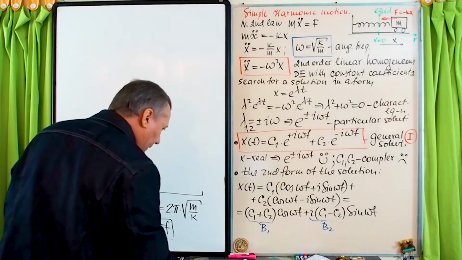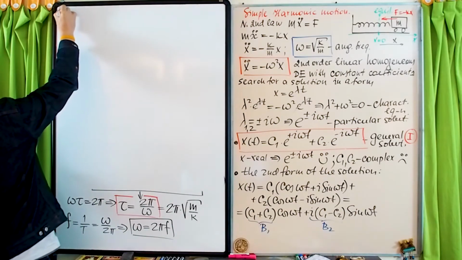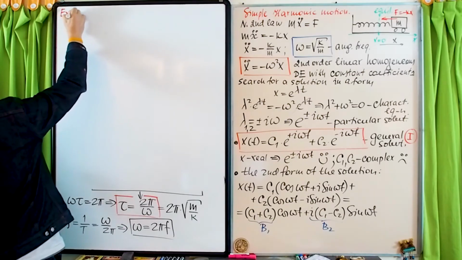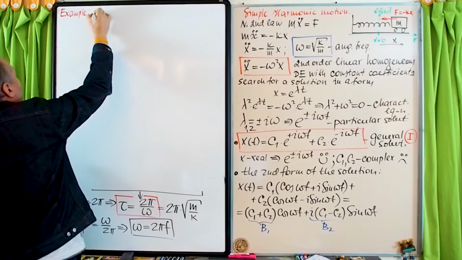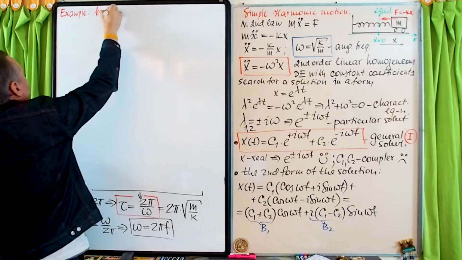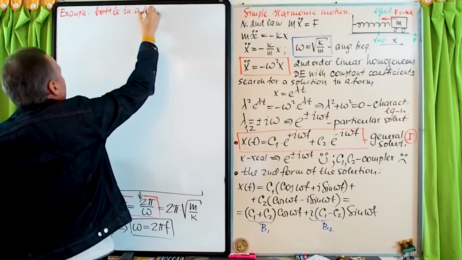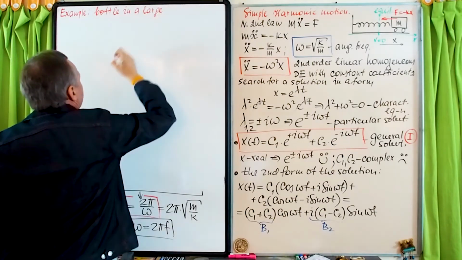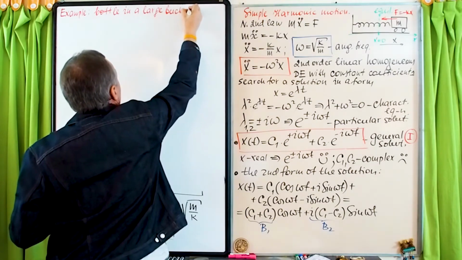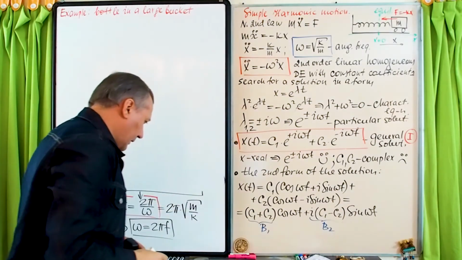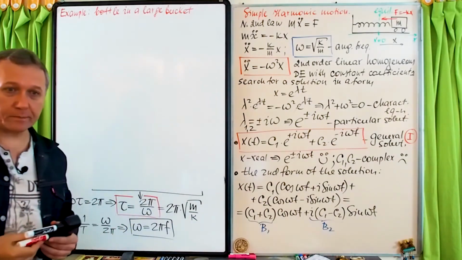So, example: a bottle in a bucket. So we have a bottle in a large bucket. All right.